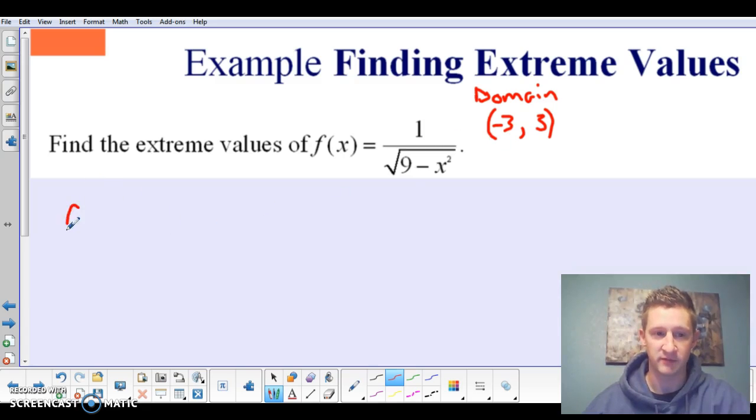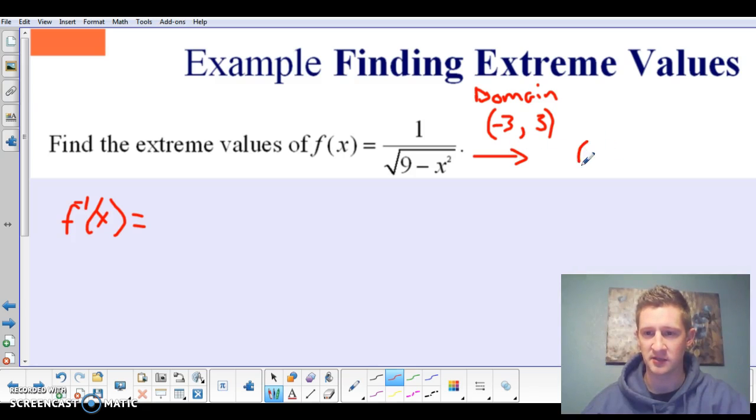So finding the derivative, f prime of x is equal to, because I have a square root in the denominator, I'd treat that as a rational exponent but negative. So I'm going to treat this as 9 minus x squared raised to the -1/2 power. That'd be a square root in the denominator. So I took care of that.